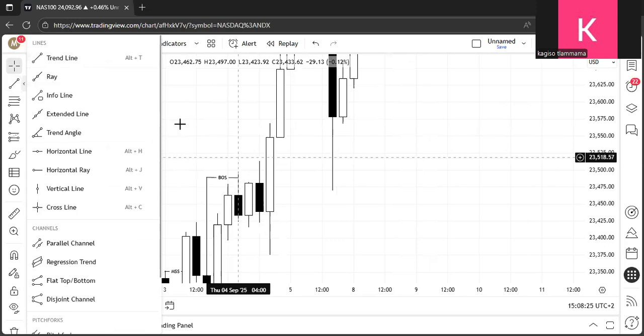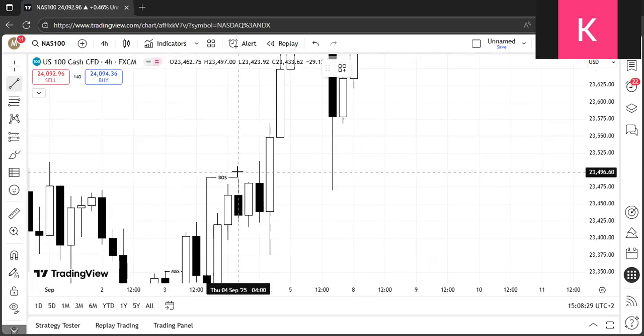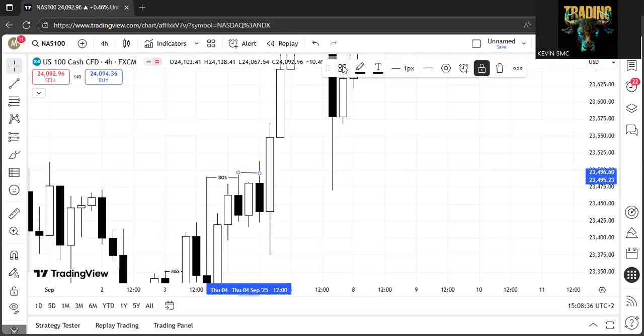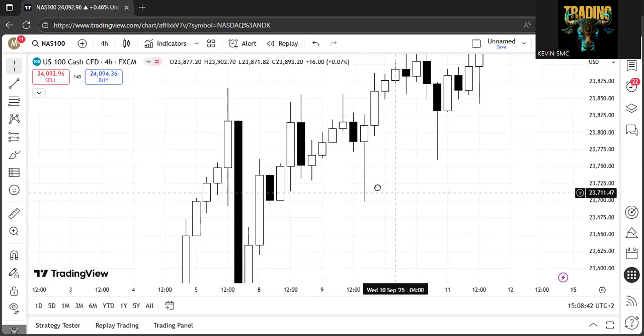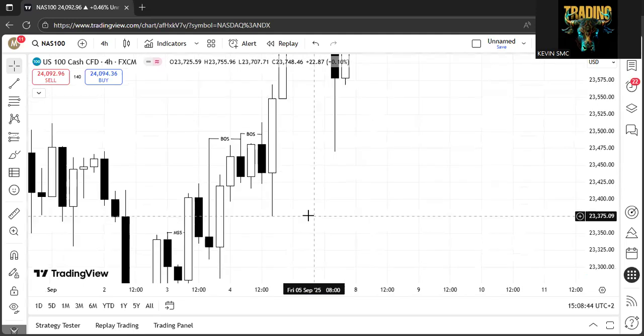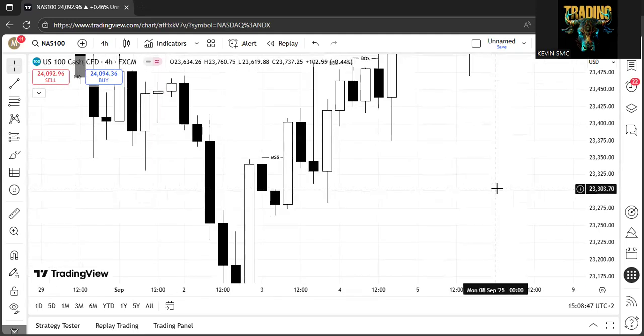Let's mark our next break of structure. It is also our break of structure. And then we keep the process going. But for now, let's just stop here and see if what we're saying is correct.